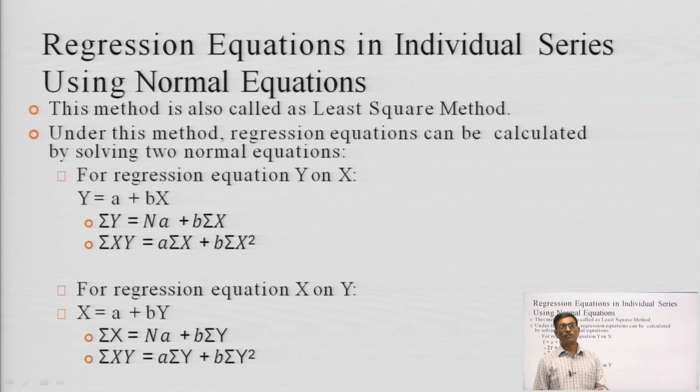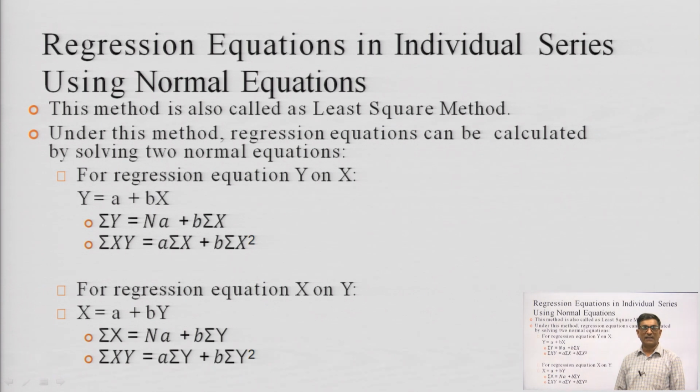That means we first square the x values, then we find the sum. So, to find the regression equation y on x, y is equal to a plus b x, and these are the two normal equations: summation y equal to n a plus b summation x, and summation x y equal to a summation x plus b summation x square. Summation means total.